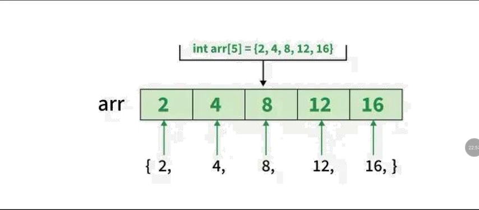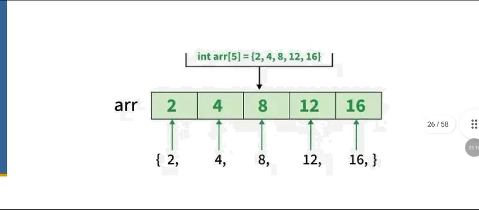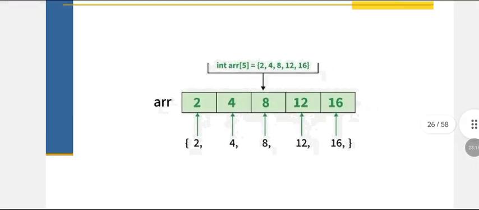That means you are storing 5 values. So you can see 2, 4, 8, 12, 16. And you can see down here, the arrow pointing down, you have the array, then you have 2, 4, 8, 12, 16. So I'll zoom out a little bit.